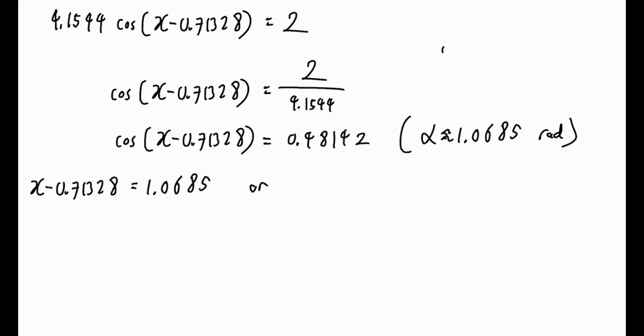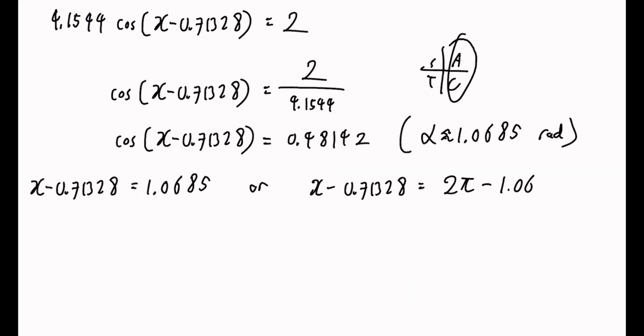Or, because ASTC tells me it must be in these two quadrants, the quadrant 4 angle will be 2 pi minus 1.0685. Then solve for x.